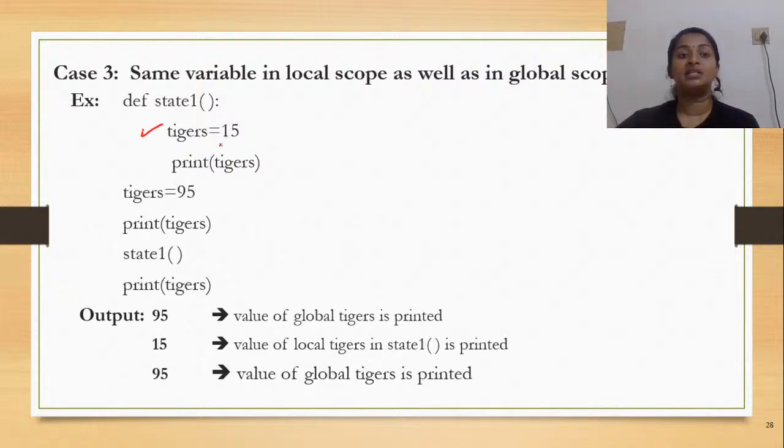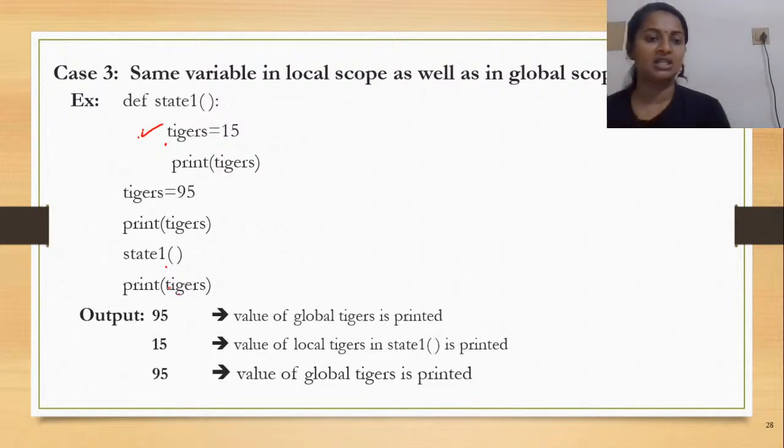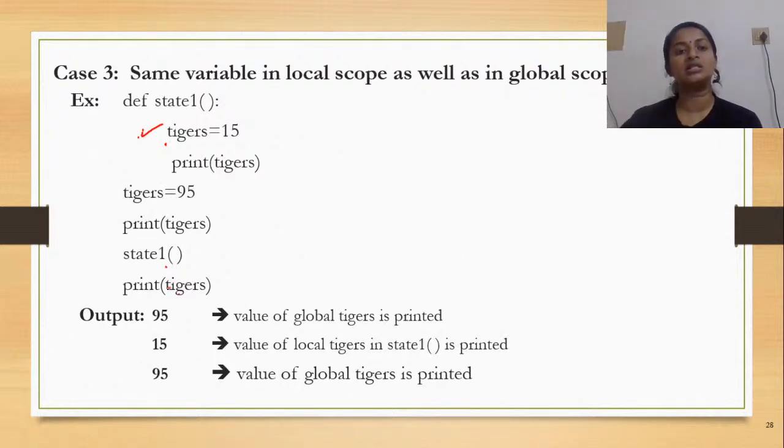Then the value of tigers would later be treated as global. So after the function call, if you tried to print tigers, what would the value printed on screen be? The value printed on screen is 15, because then the tigers variable was treated as global if you had prefixed the word global here.